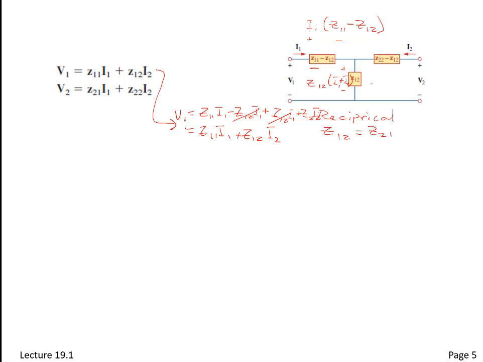This and this are the same. So somehow this equation represents this input loop. Sure, what happened is I just subtracted away that value right here, and I'm going to do the same thing on the other side, and I'll get the second equation.